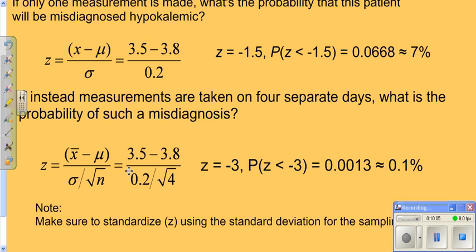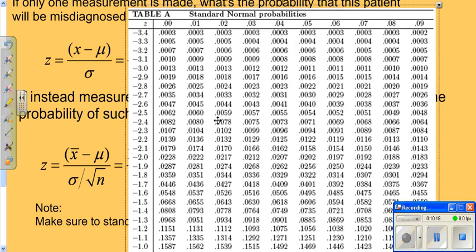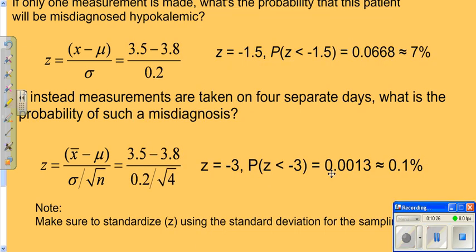So you go your standard deviation of 0.2 divided by the square root of 4 because your sample size was 4. When we work this out, we get a z-score of negative 3. A z-score of negative 3, when you look at your chart, is this right here. And that's where we got this value here. If you change it into a percent, it's like 1/10 of a percent.